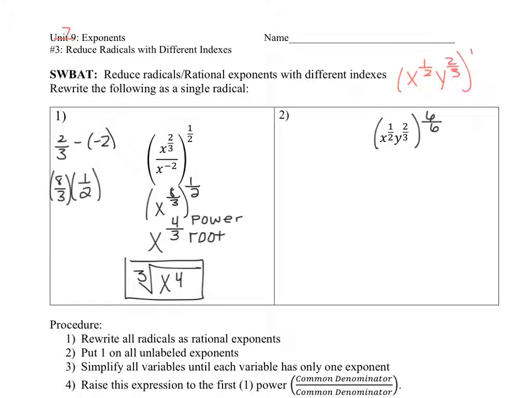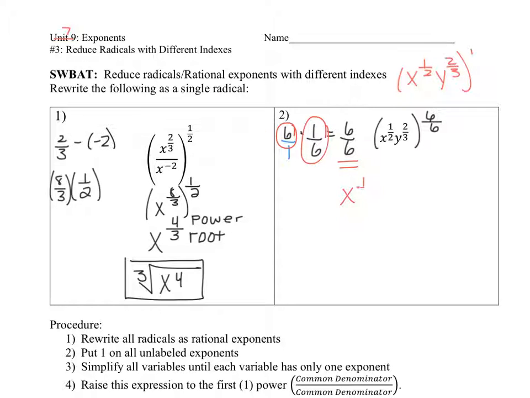Do you agree that if I took 6 times 1/6, I would get 6/6? 6 times 1 is 6, and technically I could put this over 1, so 1 times 6 is 6. That does work out. So we're going to do this in 2 steps. We're going to raise it to the 6 first, then raise it to the 1/6 to get my total of 6/6. So bear with me.